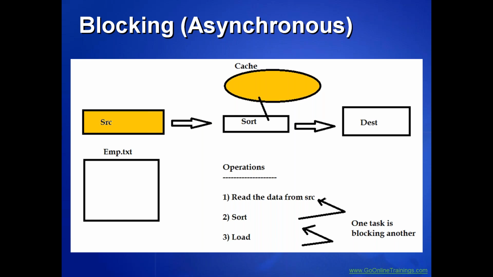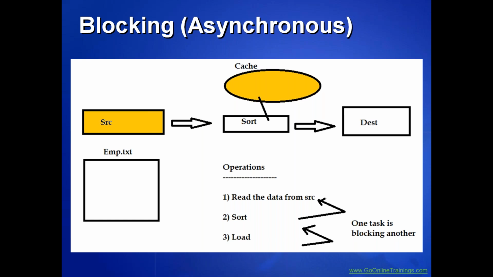Clear? So sorting is also a blocking transformation, also called an asynchronous transformation. Asynchronous means you have a gap in between these operations. For example, phone communication. I'm calling Padmaja and I'm asking her, how are you, Padmaja? Are you getting any calls, any interview calls?